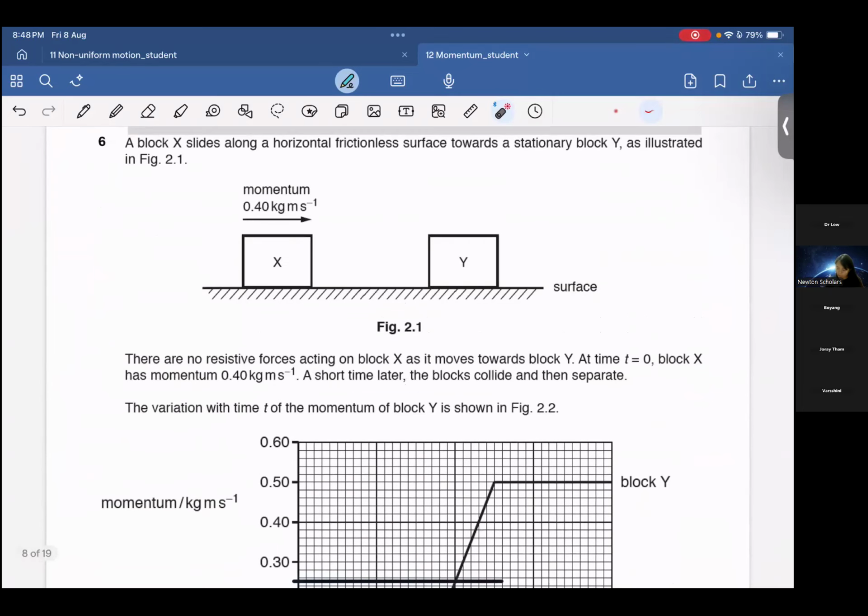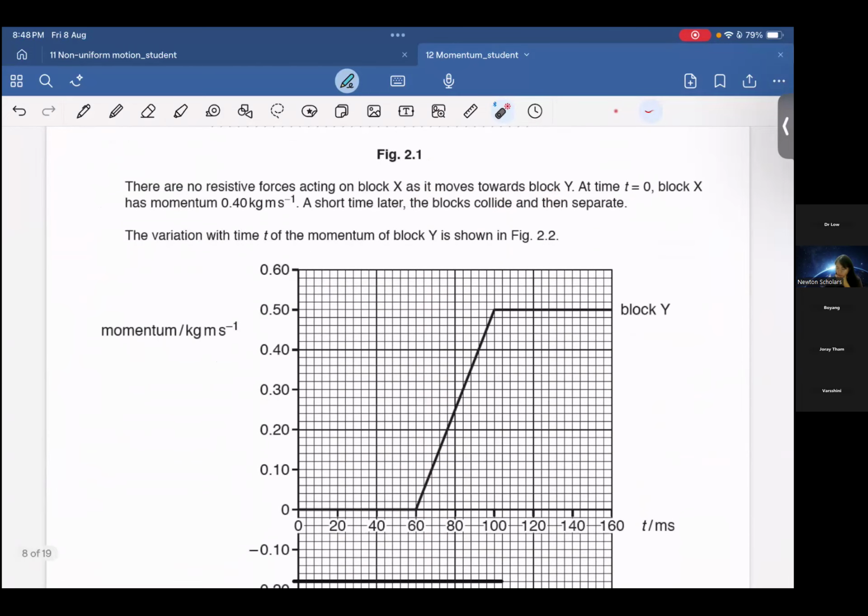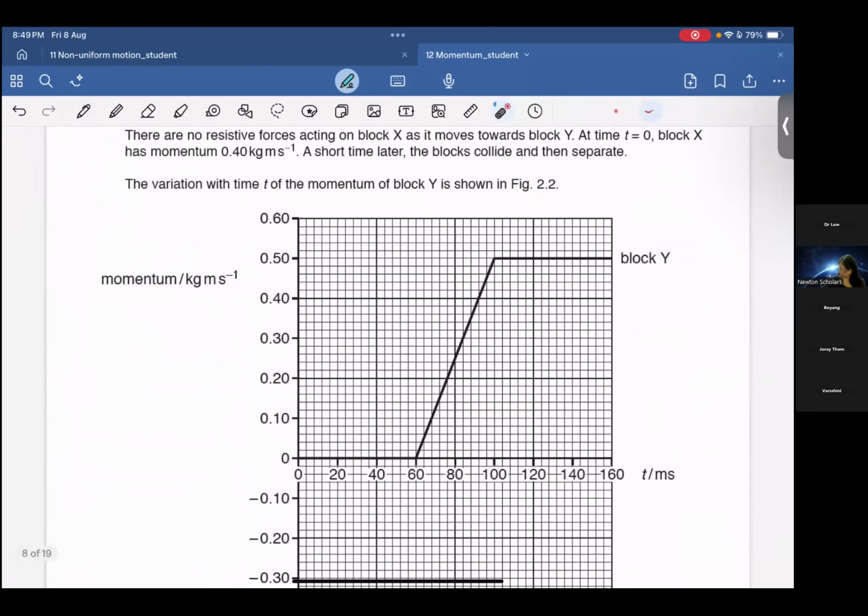Then after that they collide, and it moves towards block X. So they collide in contact. After contact, they collide and then separate. So this one is before collision. It still remains stationary.